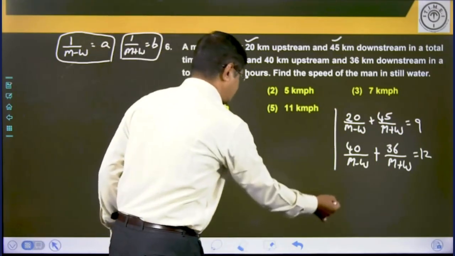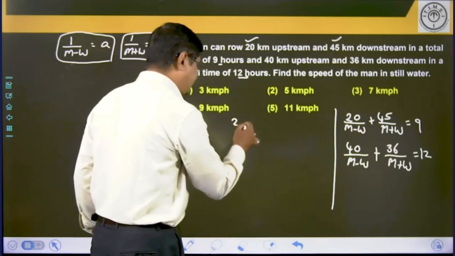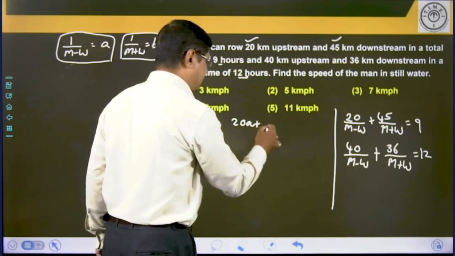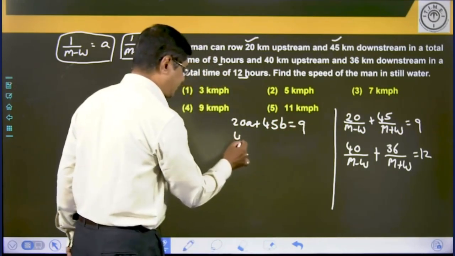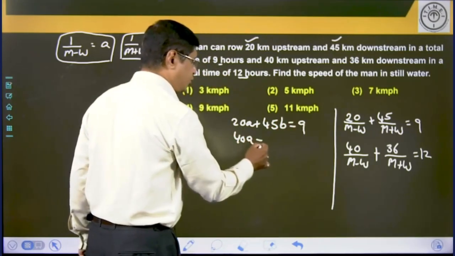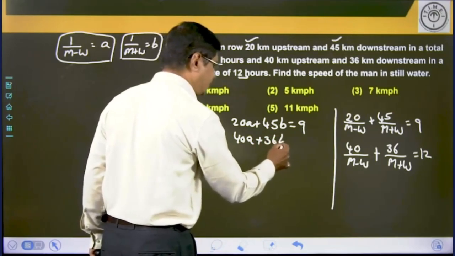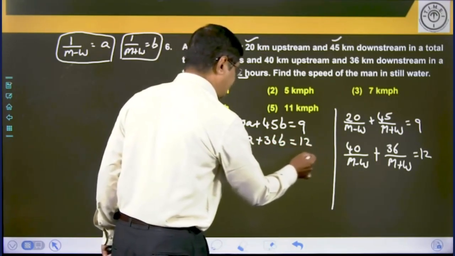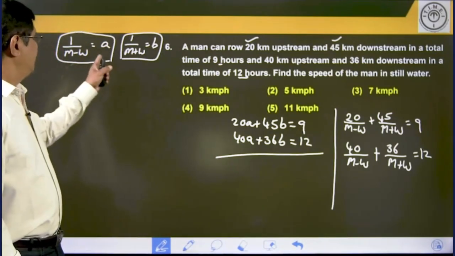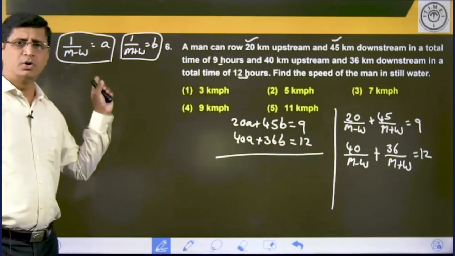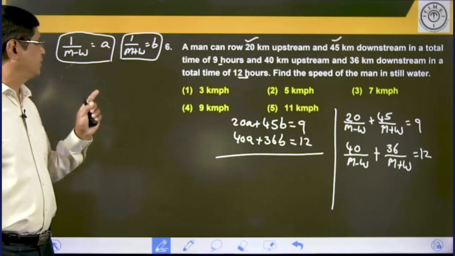What will you get here? 20A plus 45B equal to 9. In the same manner, 40A plus 36B equal to 12. Am I right? A is 1 by M minus W, B is 1 by M plus W.